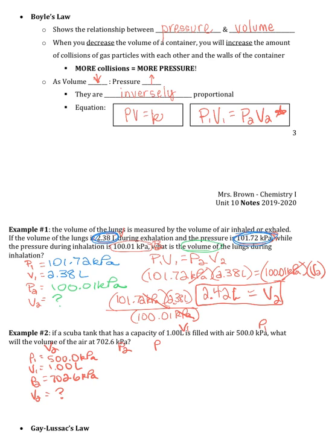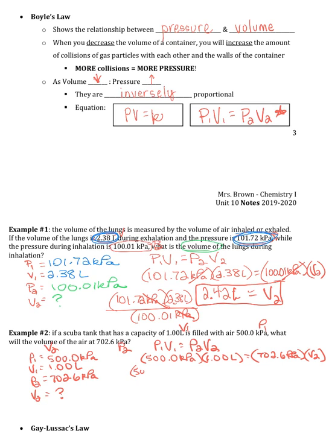So I set up my equation, P1 V1 equals P2 V2. P1 is 500.0 kPa. V1 is 1.00 liters. P2 is 702.6 kPa. And my V2 is my question mark.